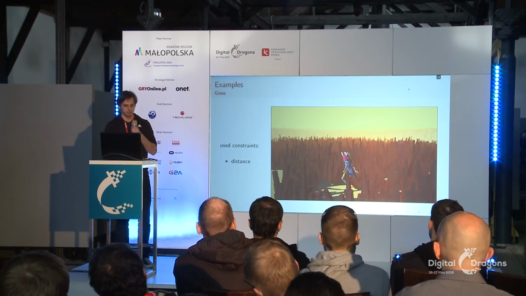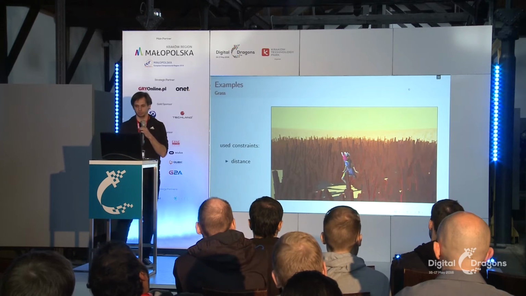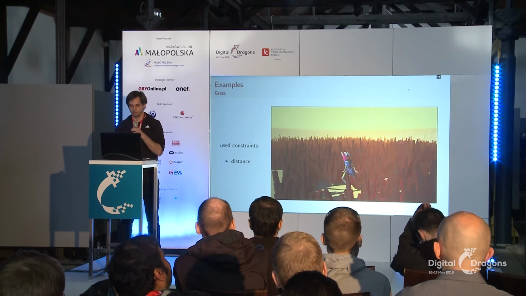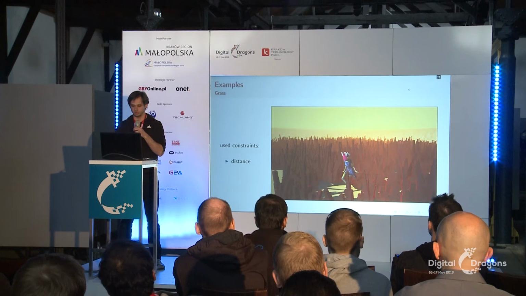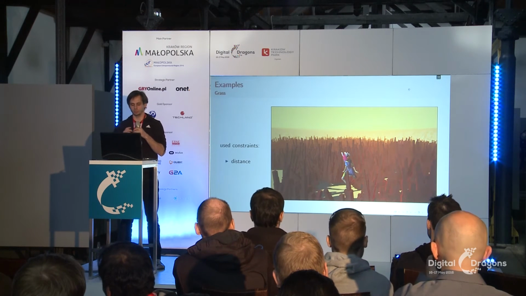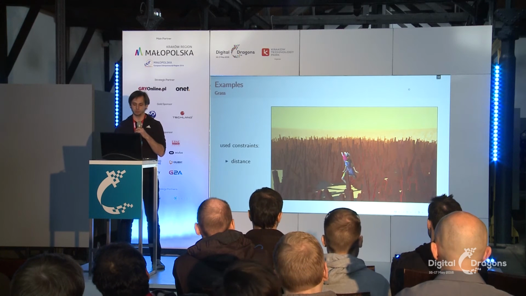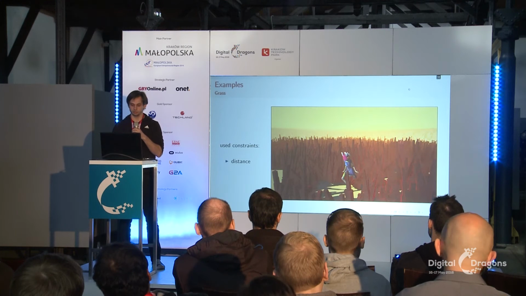Grass. The grass is an example of an effect using only the distance constraint, and each blade of grass is created with a different angle to the surface. Grass is a chain of particles connected with distance constraints, and the vector between the last particle and the first particle is actually the gravity vector for the grass.